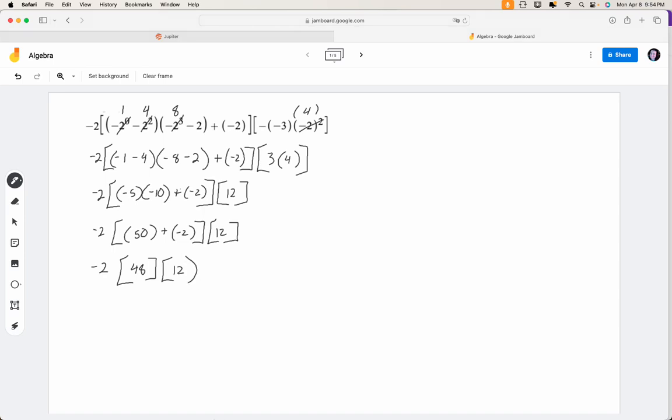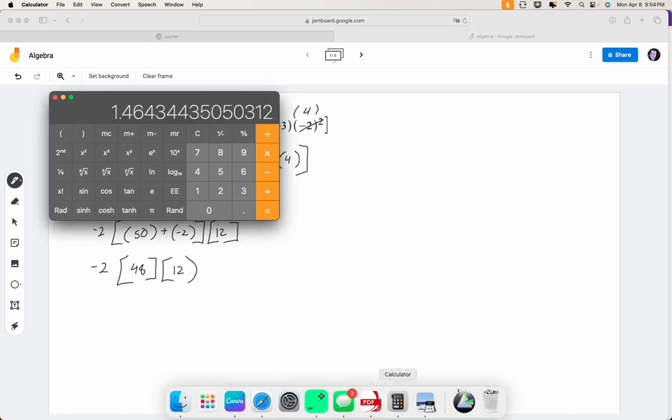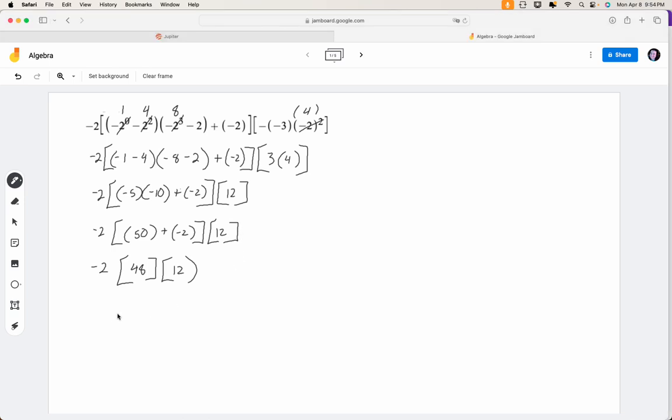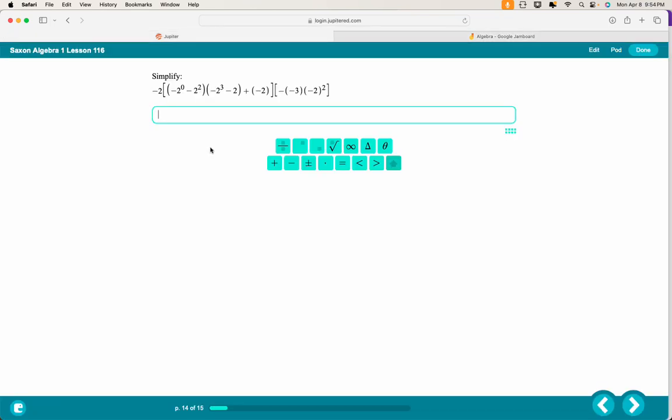So we can just plug that into the calculator because that's an awfully big number. So negative 2 times 48 times 12. Negative 1,152. So let's make sure we're right. And that's correct.